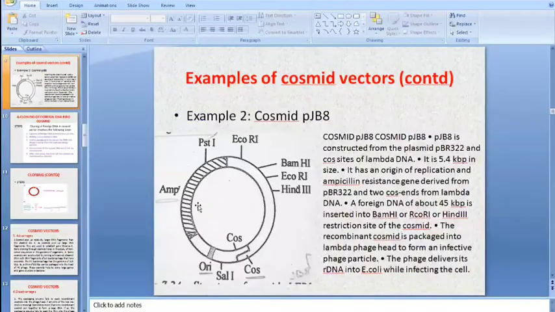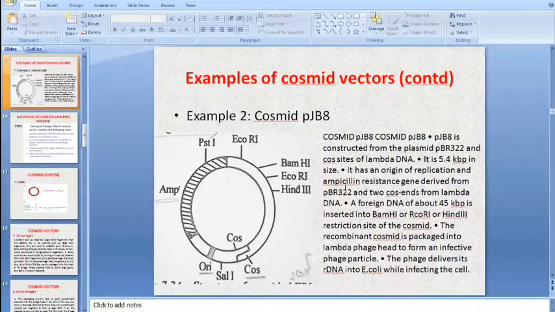The second example is cosmid pJB8, which is also derived from both the plasmid and cos sites of the lambda phage. It has an origin of replication and, instead of tetracycline, an ampicillin resistance site.